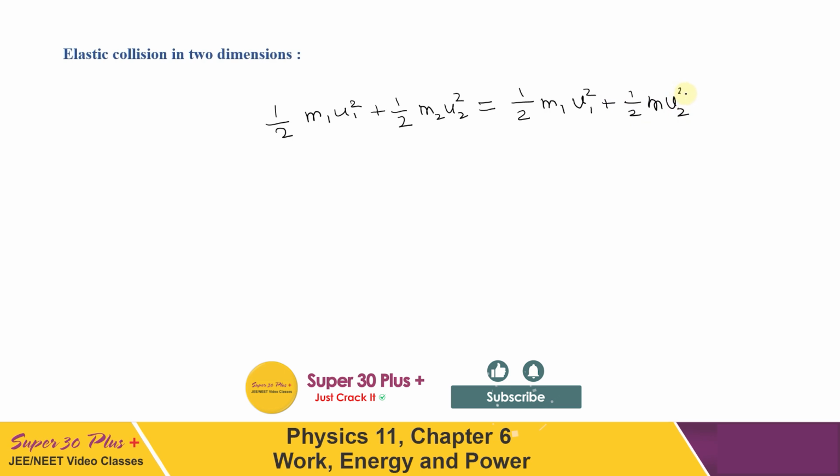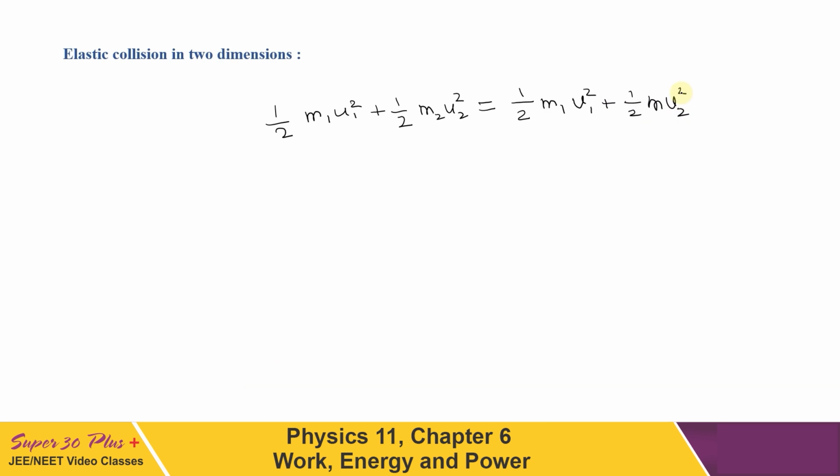But while writing momentum conservation, now we have to consider their directions also. If the collision is taking place in the xy plane, then separately we have to write px initial equal to px final, and in the y direction, py initial equal to py final.